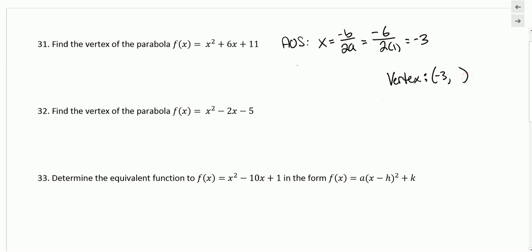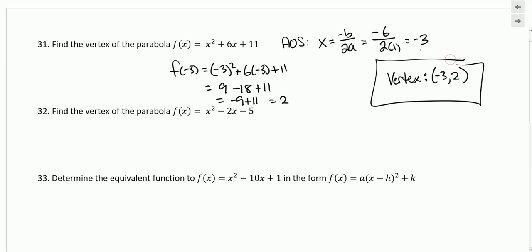To find the y value, you plug negative 3 into our function. And we get 2. So our vertex is negative 3, 2.